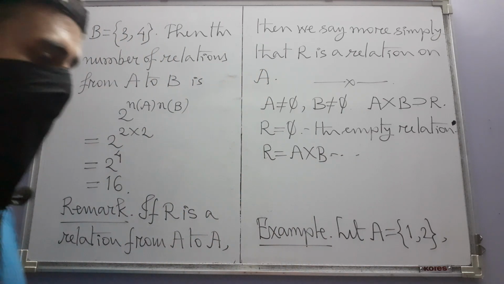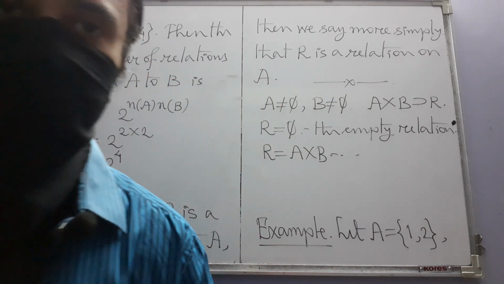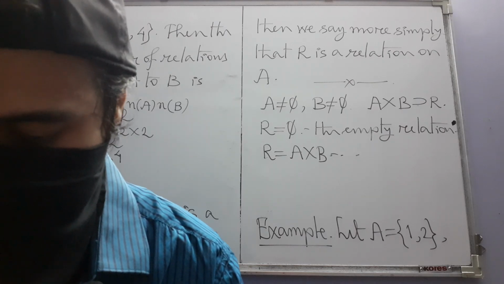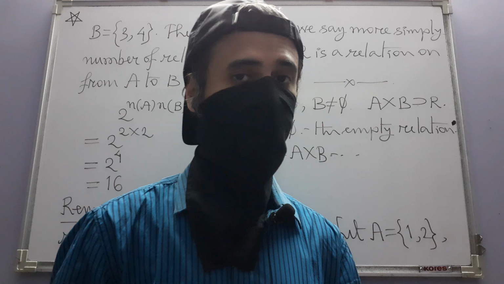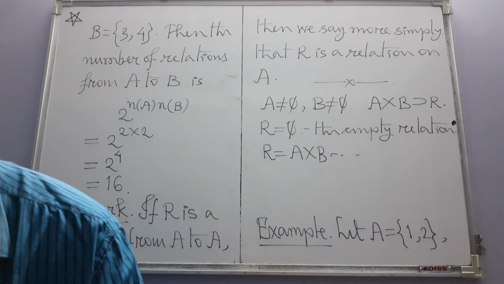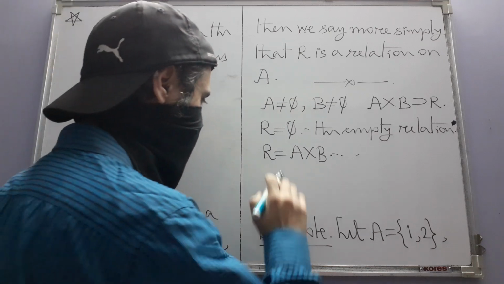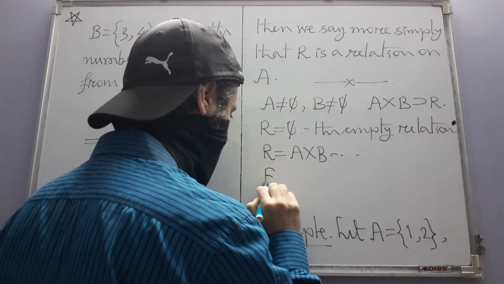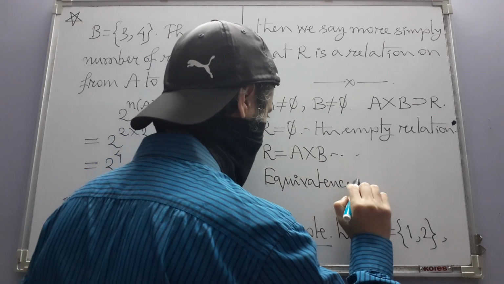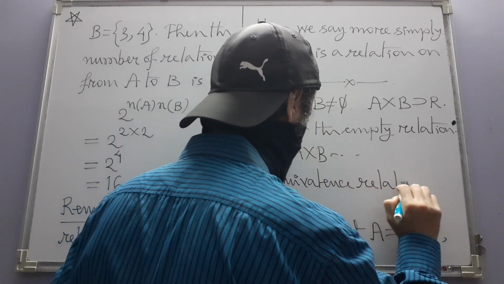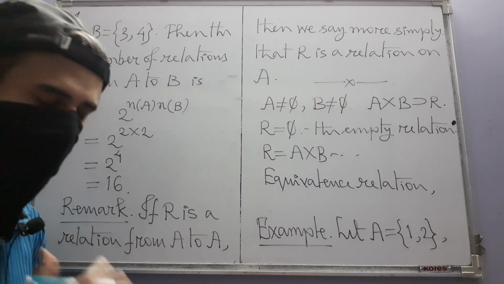Now, there are many important types of relations in mathematics. In fact, truly speaking, mathematics is just all about relations. Let me just name some types. Equivalence relation, a special type of relation.